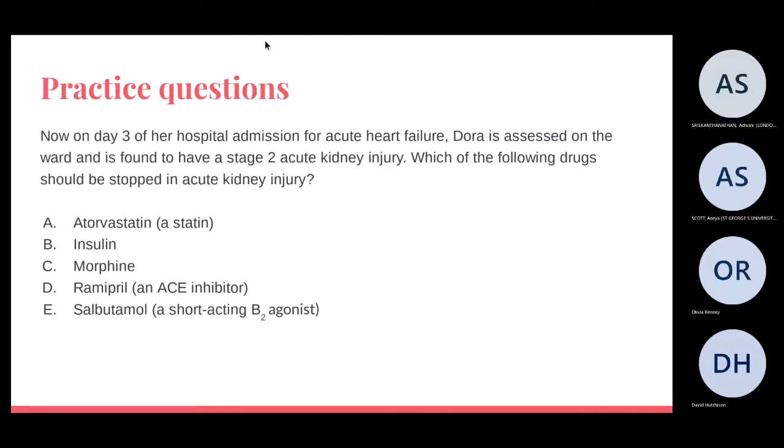So another practice question. Which of the following drugs should be stopped in an acute kidney injury?